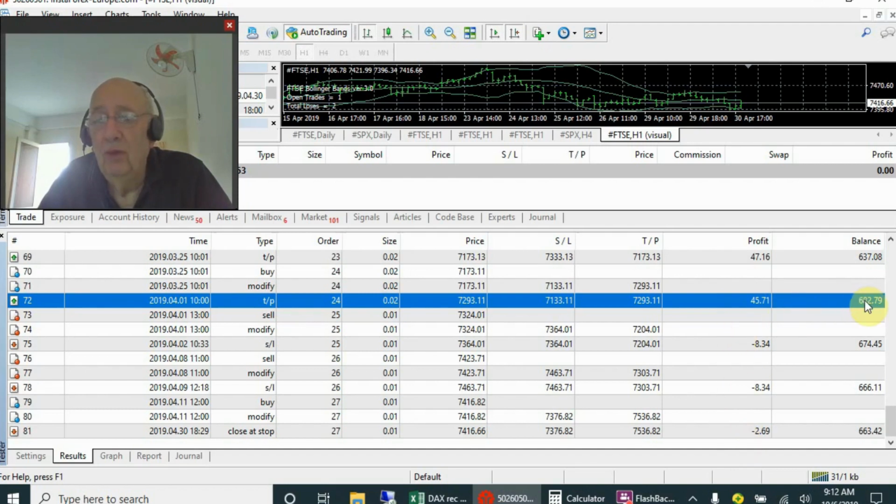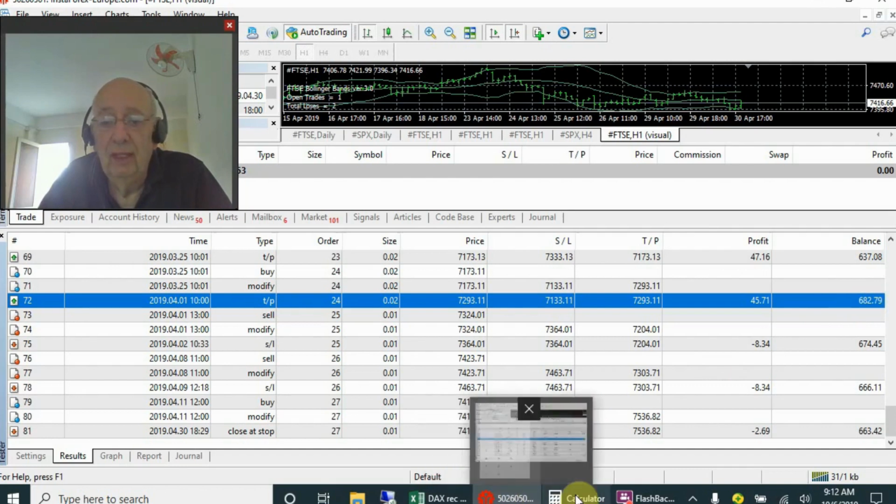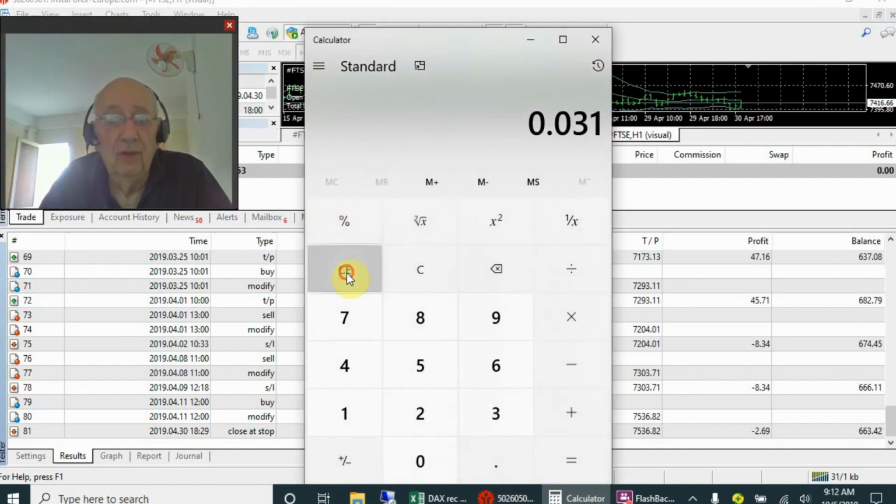So we'll have to work on the $182 that we're up, because we started with a $500 account. Let's bring our calculator up. 182 divided by 500 gives us a 36% growth so far, divided by 4.